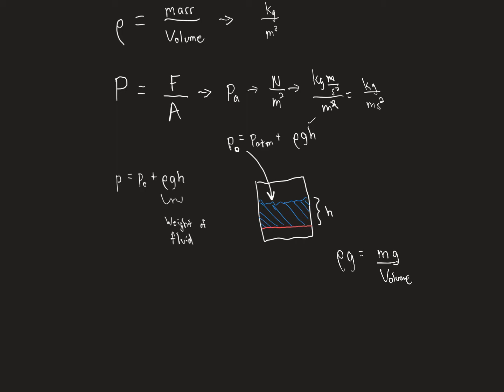What's mass times gravity? What's Fg? It's mg. So that is the weight of the liquid. That's where all of this comes from. It's the weight of the liquid divided by the volume of the liquid. Okay? That's where rho times g times h comes from. That's however much water. Weight of the water.